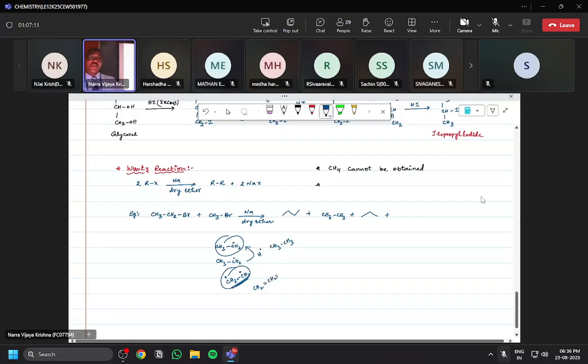You can get an alkene also. So you can get ethane and alkene. Can I call it a disproportionation product? Loss of hydrogen is called oxidation, gain of hydrogen is called reduction. So disproportionation products are also obtained.